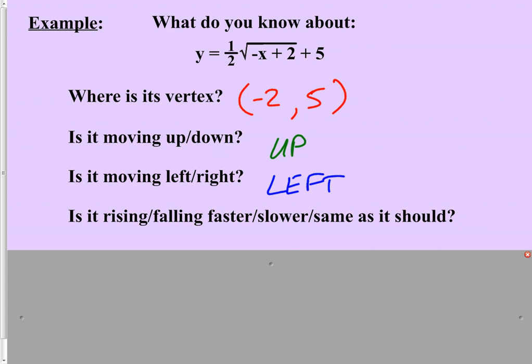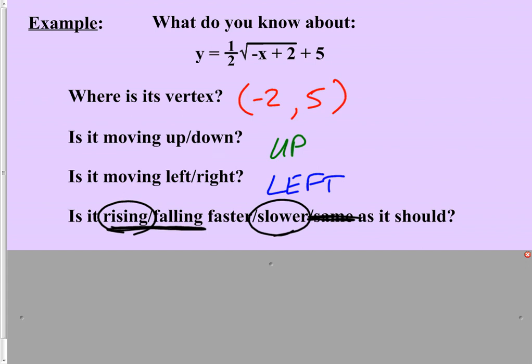And 1/2 is a number smaller than 1. So is that going to cause it to rise to infinity faster or slower? Well, we already know it's rising, so we're not trying to pick one of these two. We already know it's going upward. The question is, is it going faster or slower, or the speed that it's supposed to? A smaller number has been used, so it's definitely not the same, and a smaller number causes it to move slower.